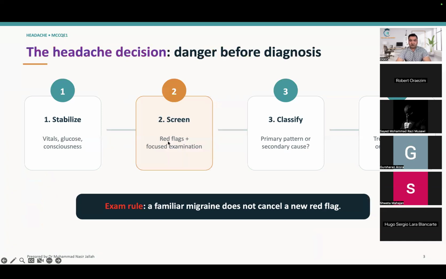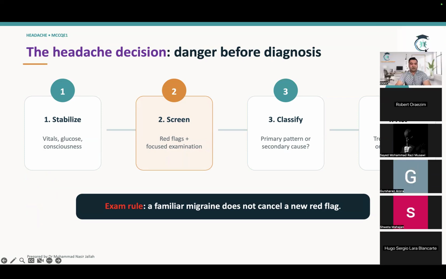All right. So the headache decision: danger before diagnosis. It means when we have a patient with a headache, we don't care about the diagnosis first. We care about their life first, right?